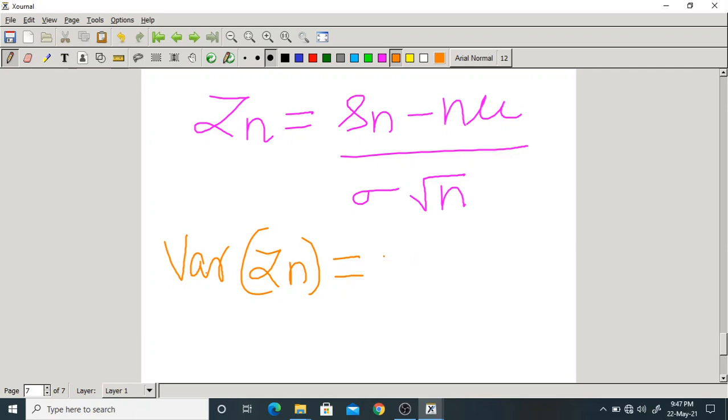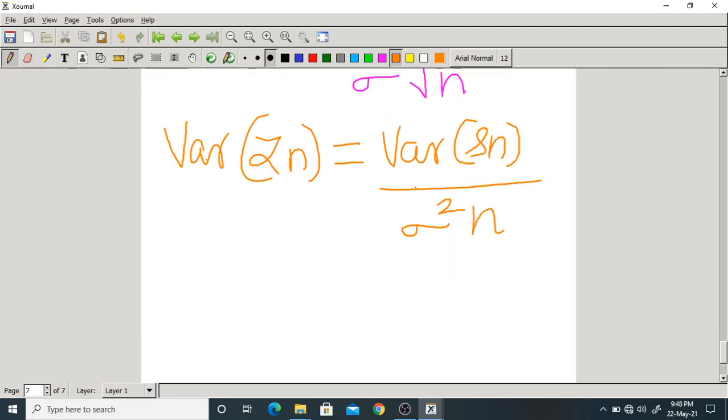That is simply the variance of Sn divided by sigma square n. Why? Because this is a constant, and the variance of a constant is 0. This term will be squared, because it is a square term. But what is the variance of Sn? That is also n sigma square, or sigma square n.